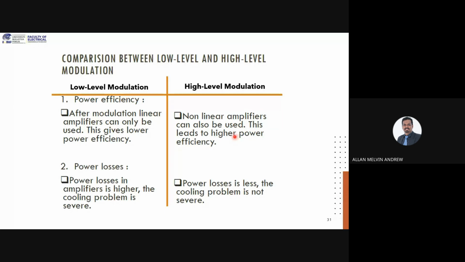Okay, so usually high level modulation will use a nonlinear amplifier, and because of this adaptability, it leads to high power efficiency. Let's say you are charging your phone.